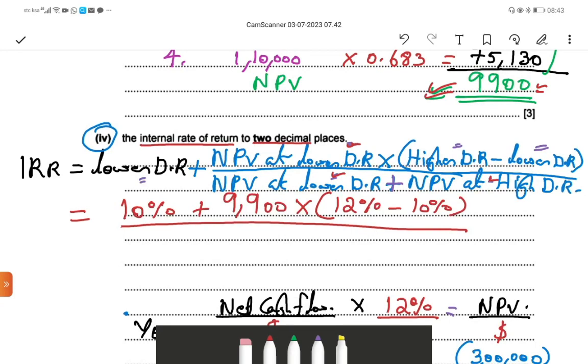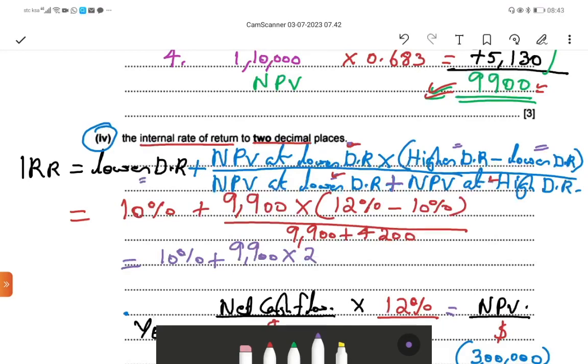So 9,900 plus 4,200, which is equal to 10% plus 9,900 into 2, which is 19,800, divided by 14,100.